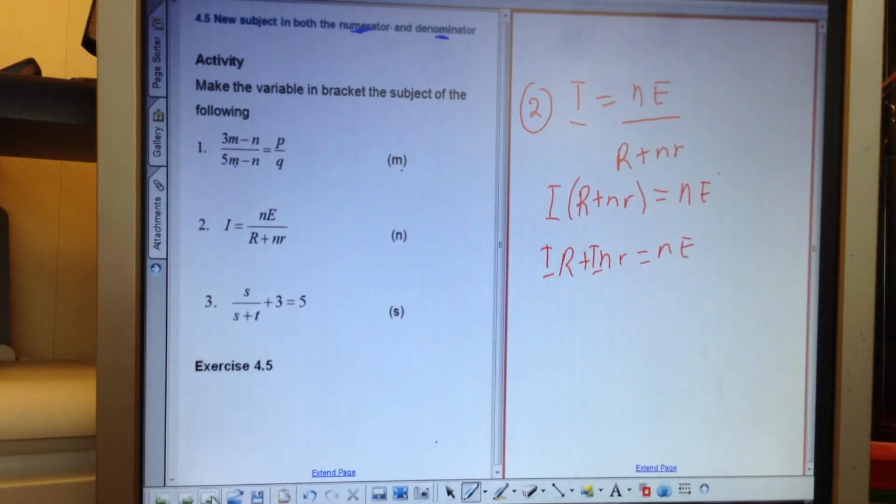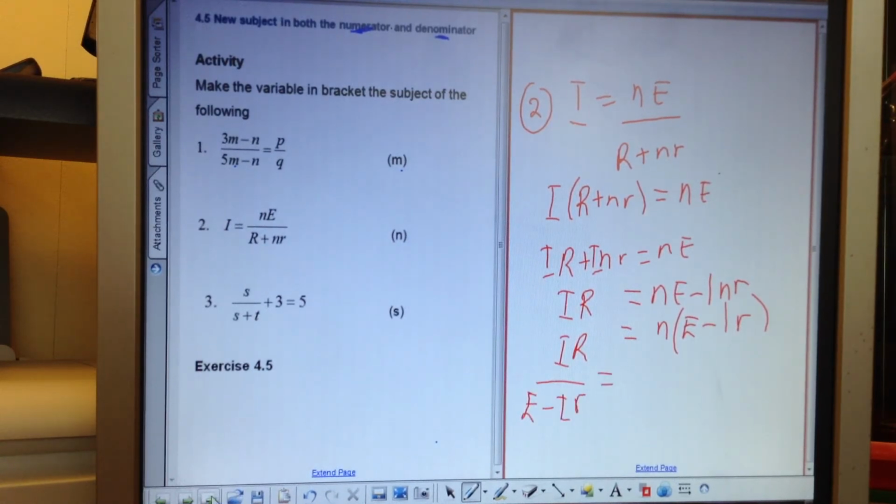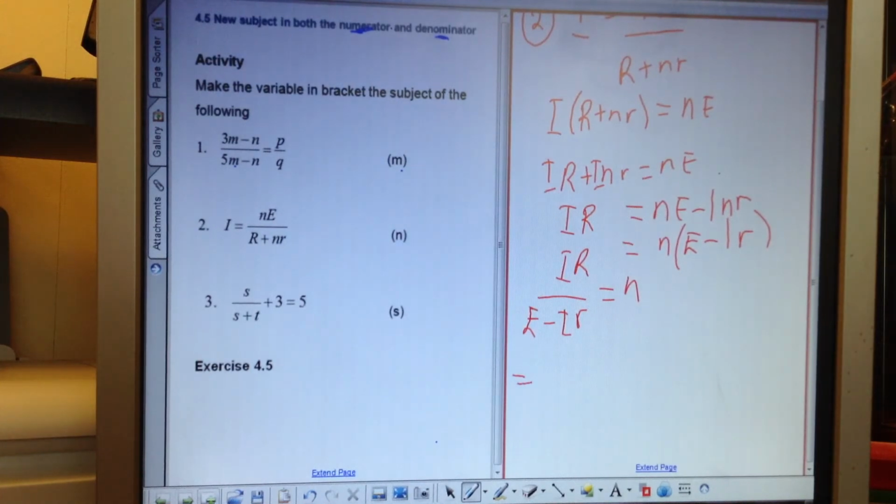I want to make n the subject, so we group the terms with the n, leaving Ir on the left hand side, and we have ne minus Inr. We can then factorize our n to have (e minus Ir). That means Ir over (e minus Ir) is equal to n, which implies n is Ir over (e minus Ir).